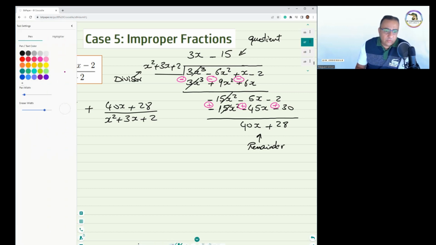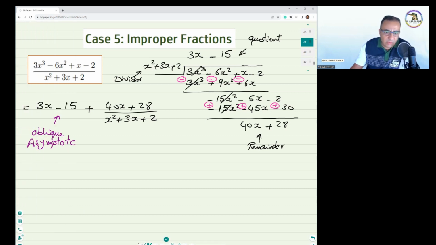Now, if you want to continue simplifying these partial fractions, let us see. Now we have 40x plus 28 over x squared plus 3x plus 2. Now you may actually factor this. If I say x plus 1 multiplied by x plus 2, right? So 1 times 2 is 2, 1x plus 2x is 3x. Just factoring.